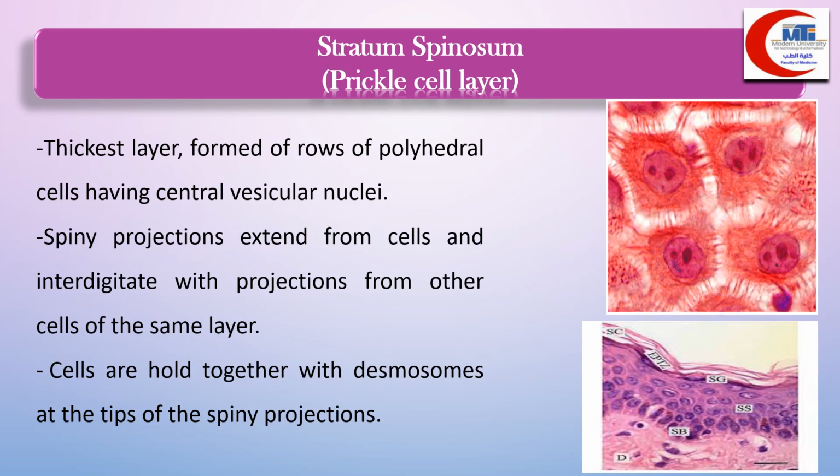Next layer, which is stratum spinosum or Malpighian cell layer. It is the sixth layer of the epidermis formed of multiple rows of polyhedral or polygonal cells with central rounded vesicular nuclei. Spiny projections extend from these cells and interdigitate with projections from other cells in the same layer.